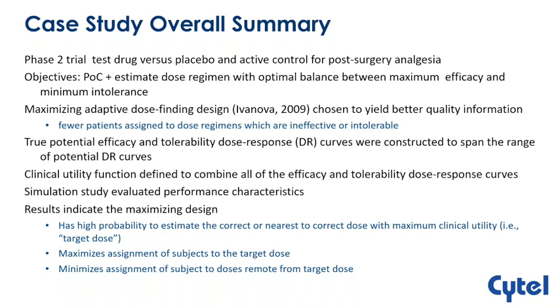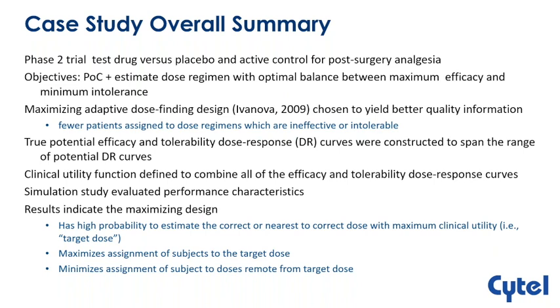And so morphine is highly effective, but has important tolerability issues, namely mostly nausea and vomiting. So the aim for this treatment was to compare against morphine and benchmark against morphine.